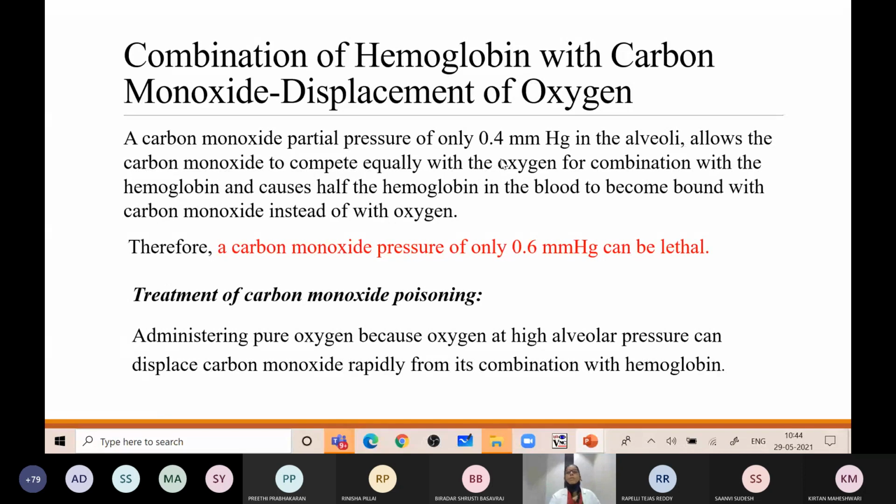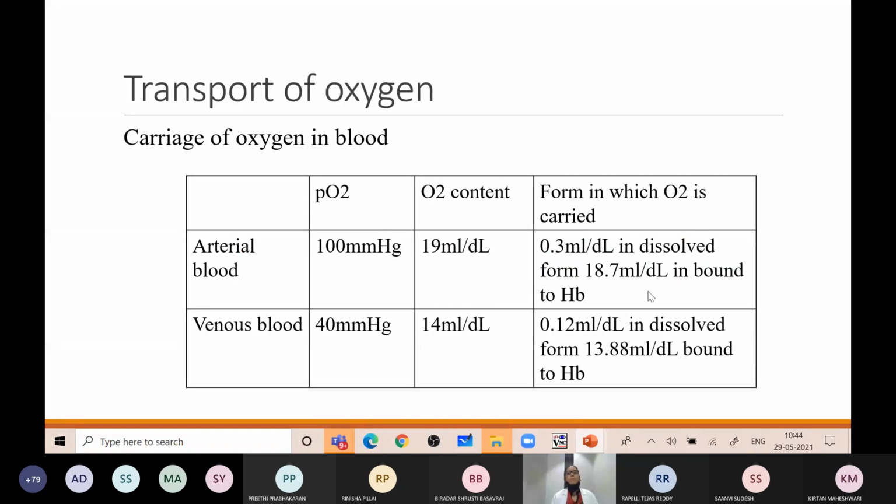Carbon monoxide partial pressure of only 0.4 mm in the alveoli allows the carbon monoxide to compete equally with the oxygen for combination with the hemoglobin. Therefore, a pressure of only 0.6 mm of Hg can be lethal. Treatment is giving 100% oxygen.